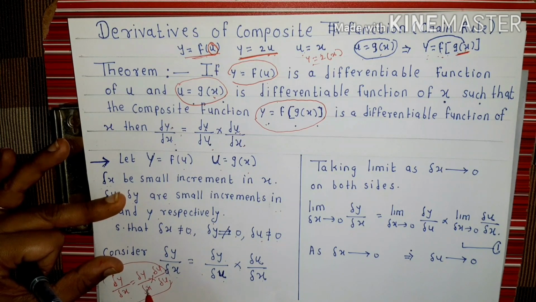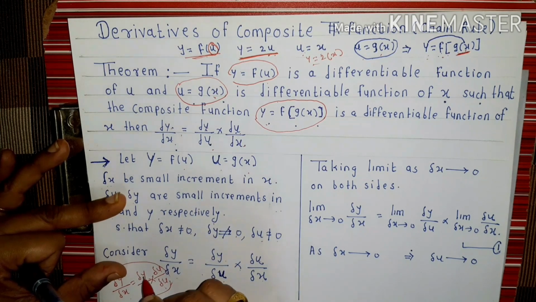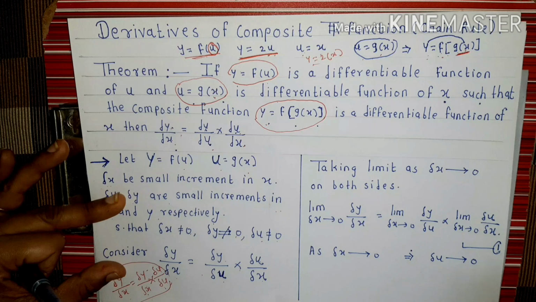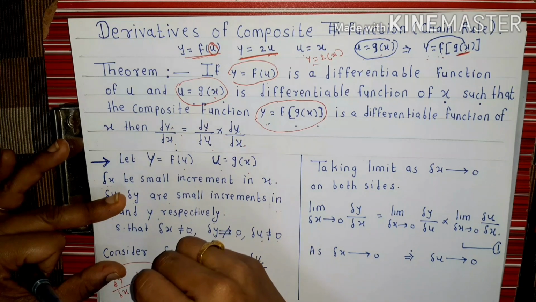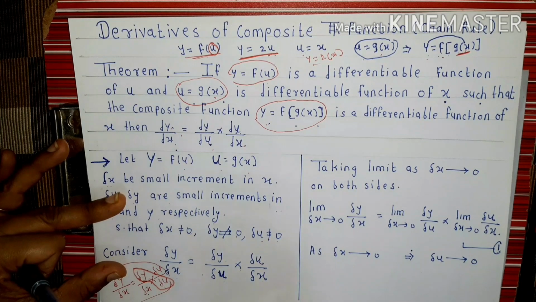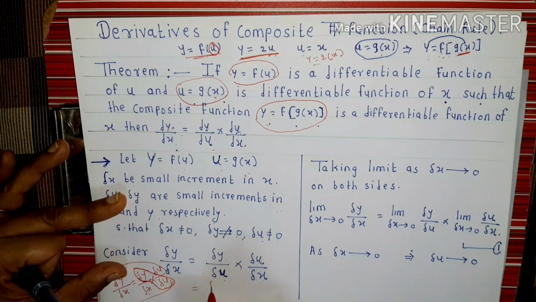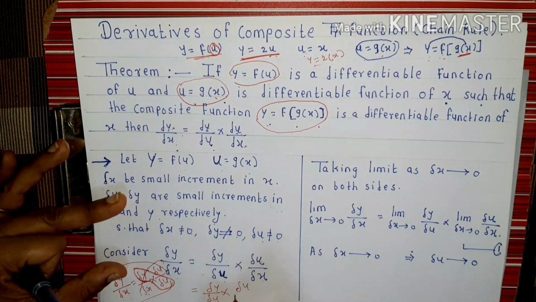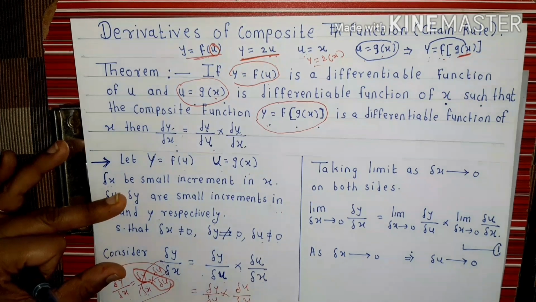We multiply the numerator and denominator by delta u. Remember this thing, how to take the increment ratio: multiply by delta u and take the combination, delta y upon delta u, into delta u upon delta x.